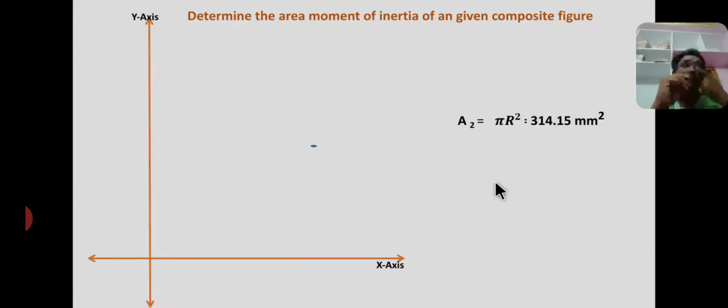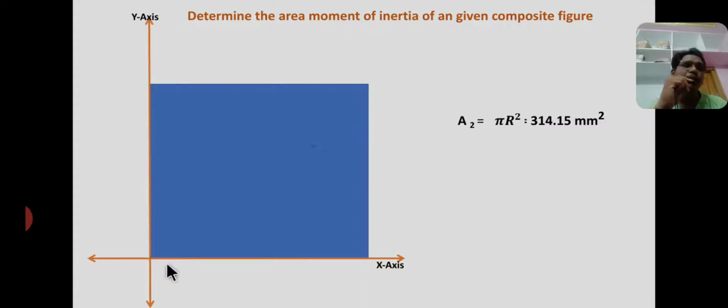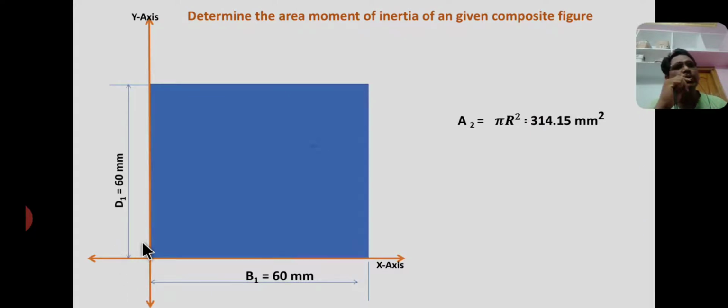Now I consider the reference axes, that is the x axis at the bottom edge and the y axis at the left side edge. First of all I consider section 1 as a solid square section having dimensions base b equal to 60 mm and depth d equal to 60 mm.